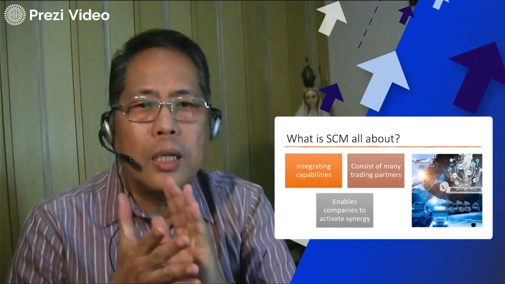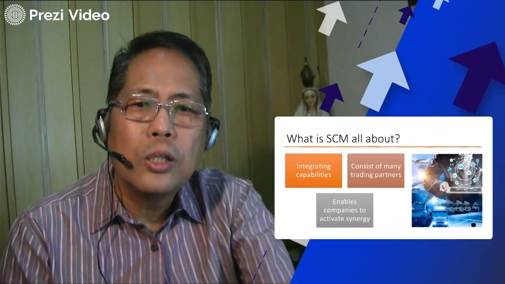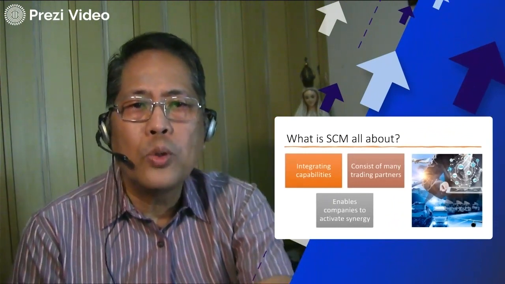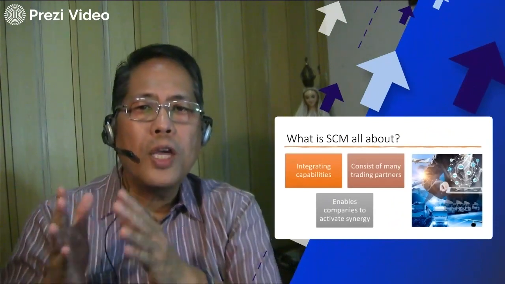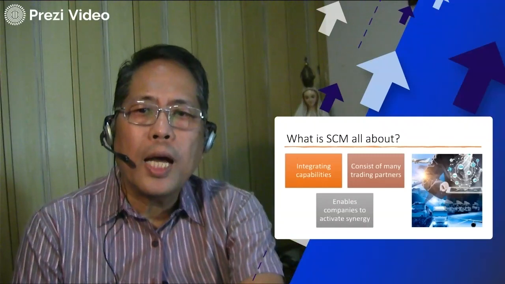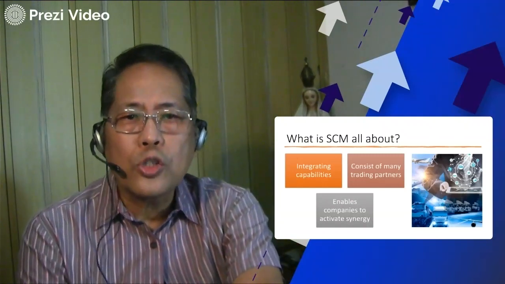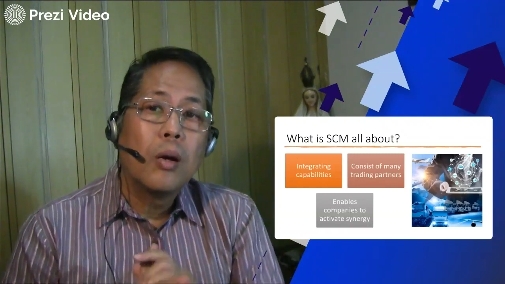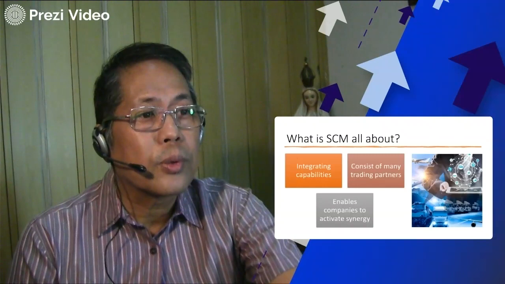SCM enables companies to activate the synergy to be found when a community of firms utilizes the strength of each other to build superlative supply and delivery processes that provide total customer value instead of focusing on just logistics operations.